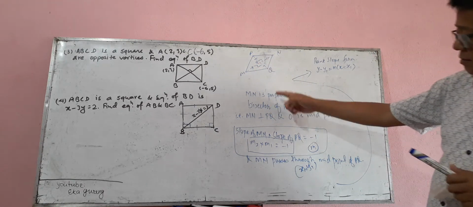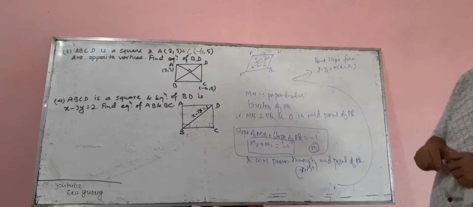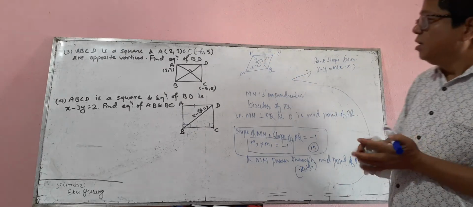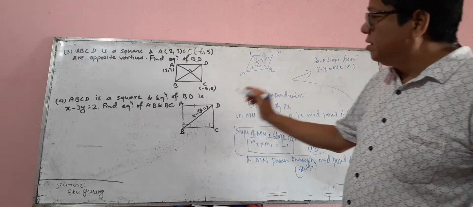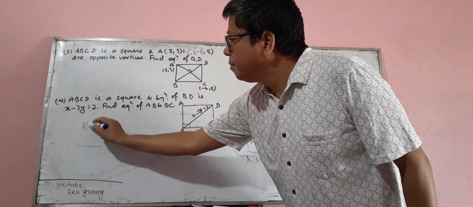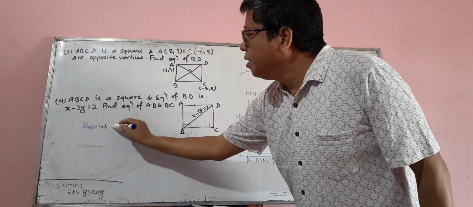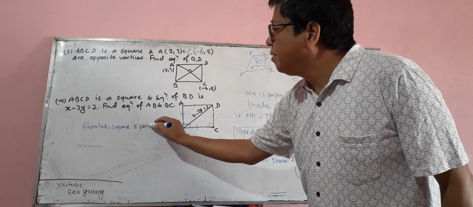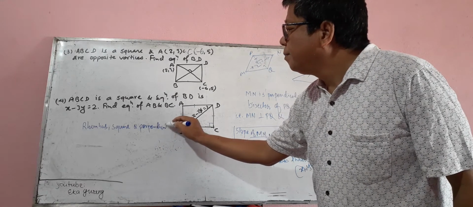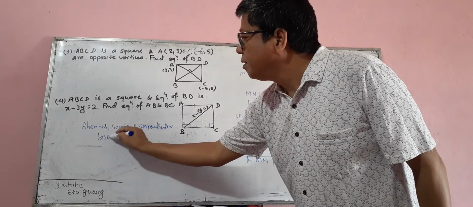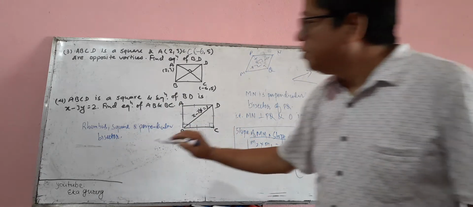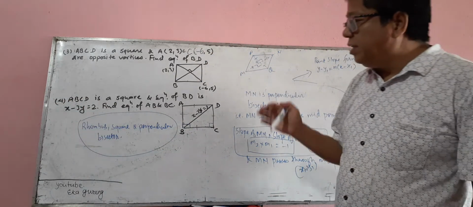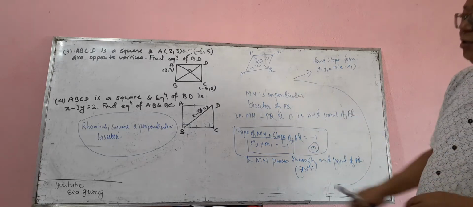So the same result we can use to find the equation of the diagonals of a rhombus. So in case of rhombus, square and perpendicular bisector, in all these conditions we use the same procedure.